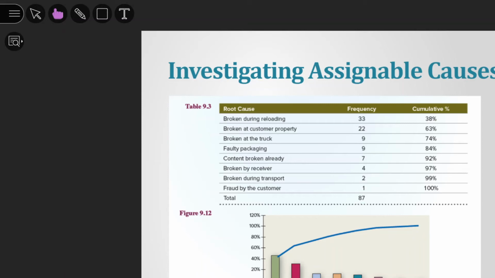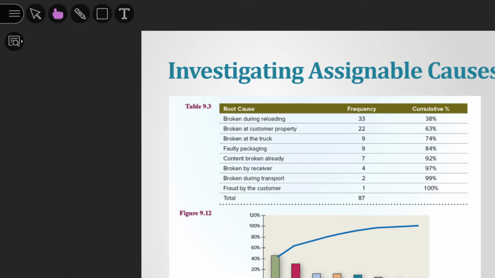And that is the second bar on your graph. Also, these cumulative percentages are shown by the blue curve at the top that goes from 40% to 100%. This curve basically identifies cumulatively the percentages of those bad root causes that cause the problem.